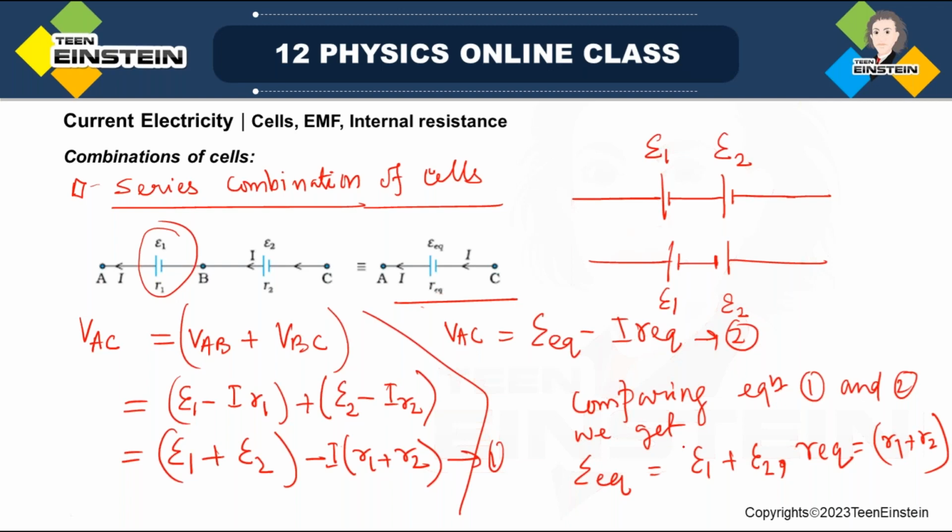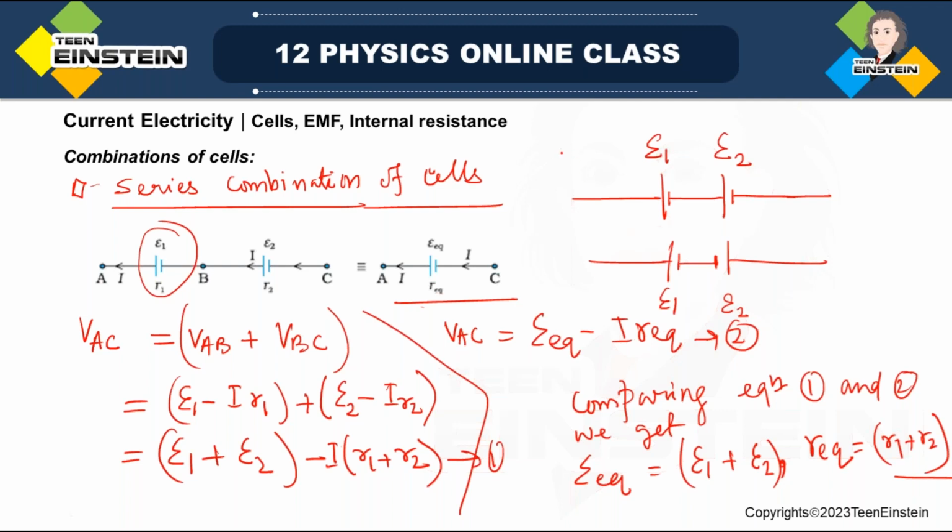So you can see that in the case of series combination, the equivalent EMF is just additive, and the equivalent internal resistance is also just additive, like a series combination of internal resistances. Okay, so this is the thing.